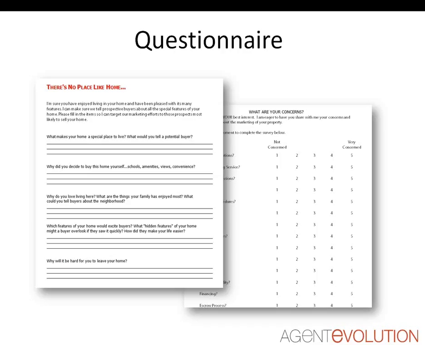But once you do sit down, it's important to address those concerns that may have come up in the questionnaire head-on. So as you can see, we've got a rating scale over here on what are your concerns. So they might have selected 4 or 5, very concerned over commission, for example, or pricing.